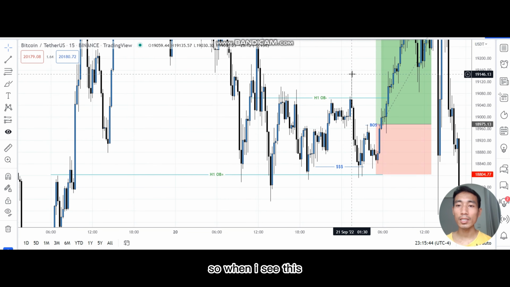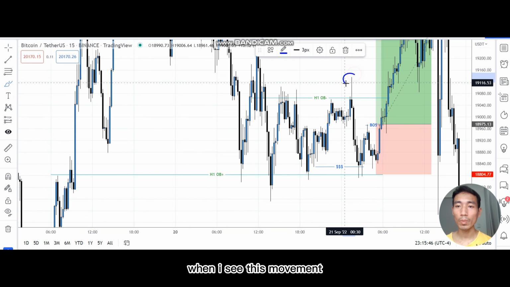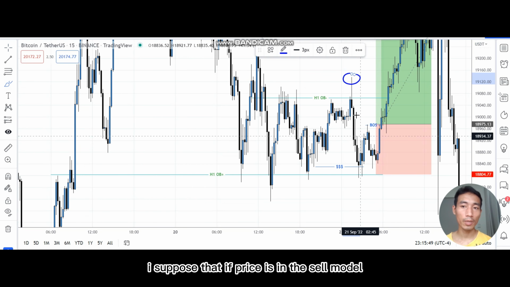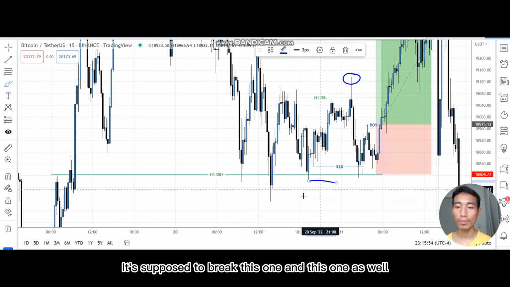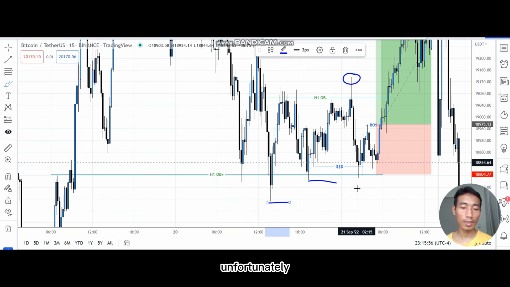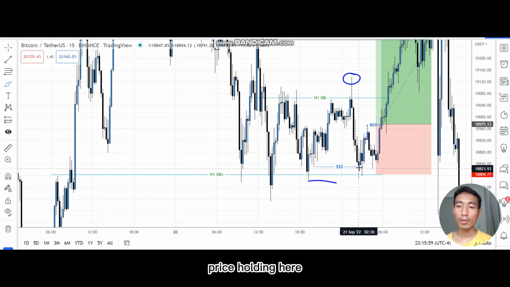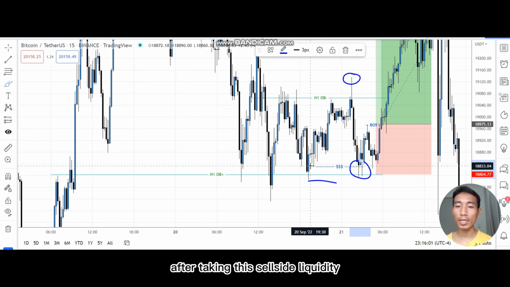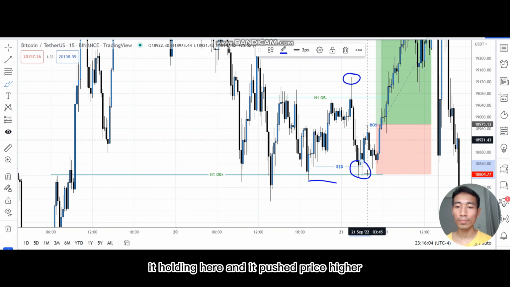When I see this movement, I suppose that if price is in the sell model, it's supposed to break this one and this one as well. Unfortunately, price holds here. After taking this sell side liquidity, it holds here and it pushes price higher.